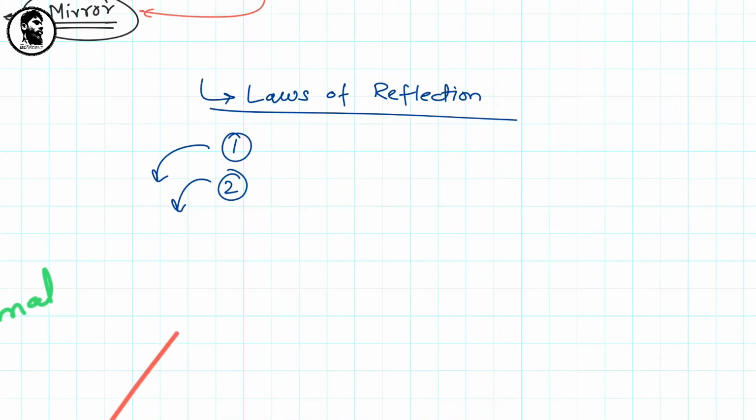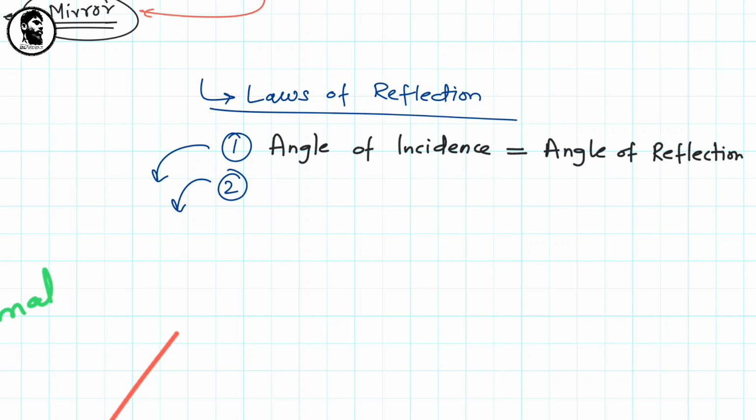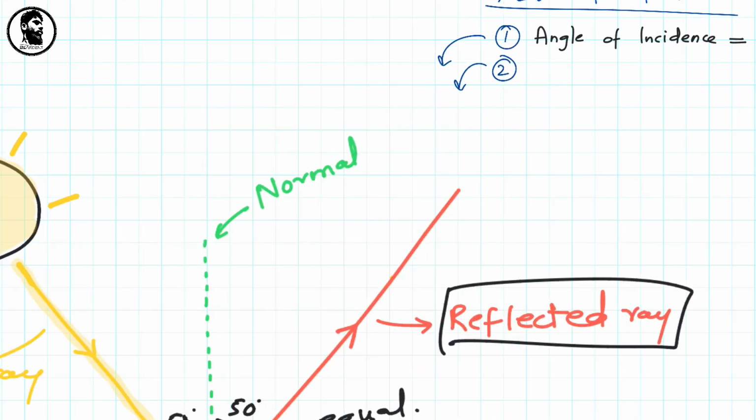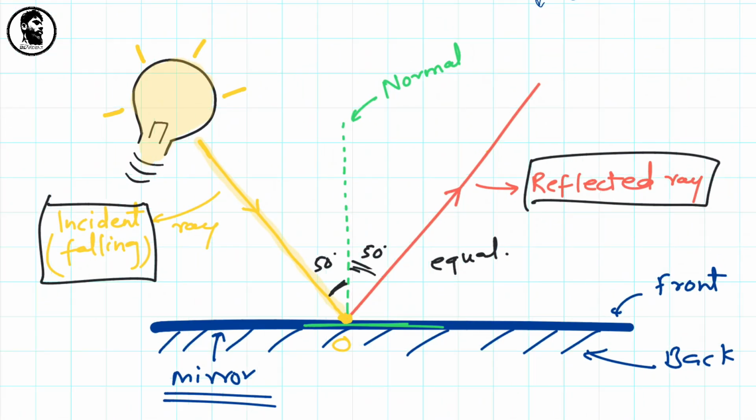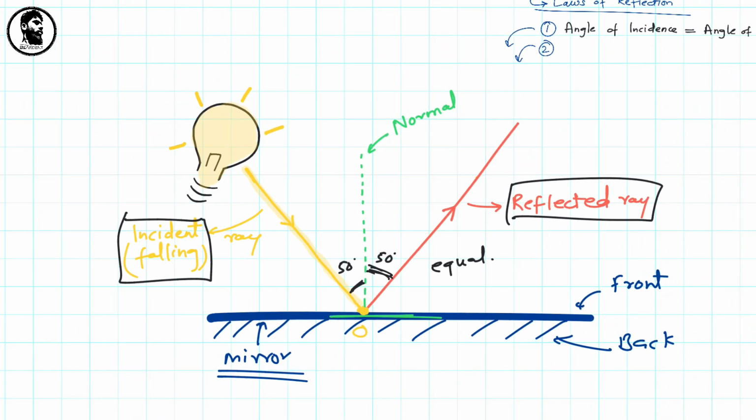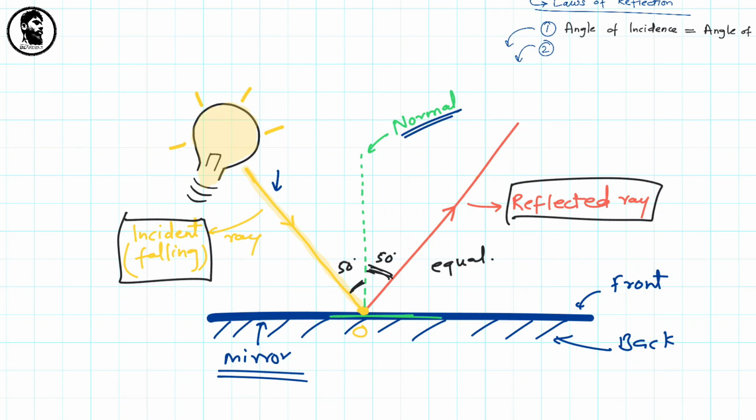So what is our first law? The first law says that the angle of incidence is always equal to the angle of reflection. So whenever a light ray hits at 50 degrees, it will be reflected at 50 degrees. Remember this. The second law talks about the incident ray, the normal and the reflected ray.